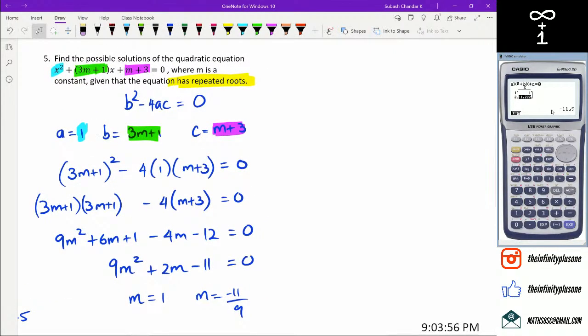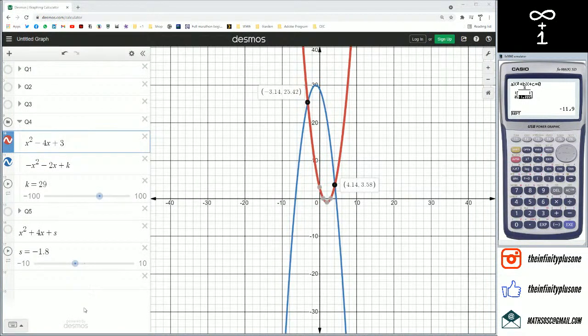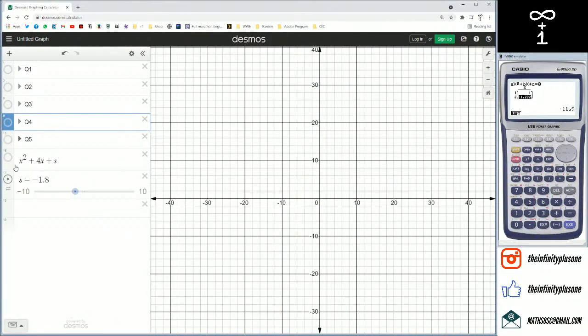Cool, so that was a nice simple one to finish off the session. Guys, that's basically it. What did I want to show you in Desmos for question 5? Is it even worth showing it? Question 5 was this right here. I think we had two values, right?